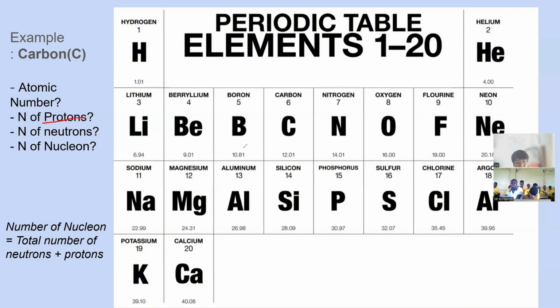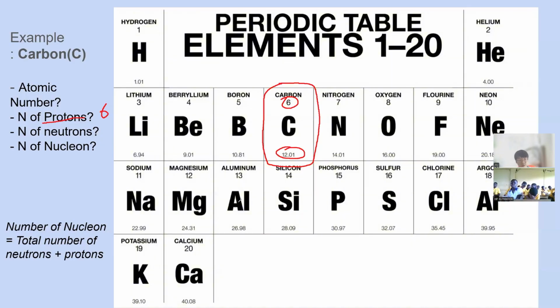If we look at carbon, for example, the atomic number of carbon is 6, so the number of protons is 6.